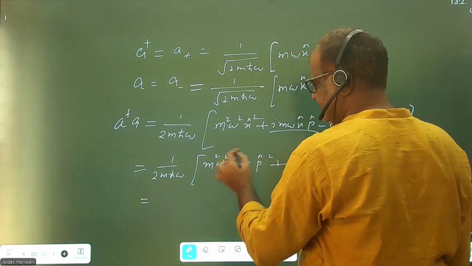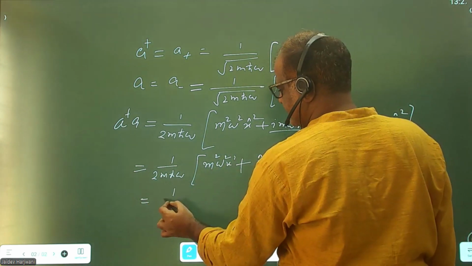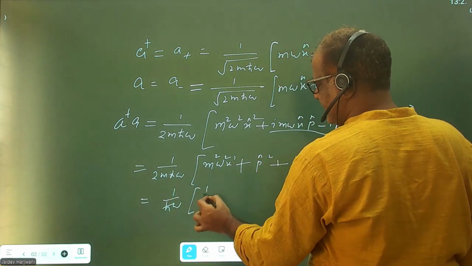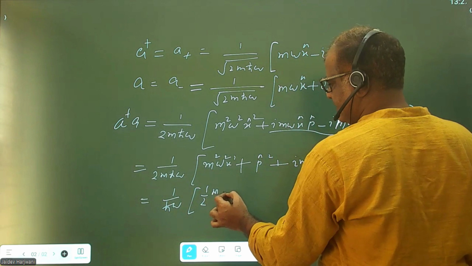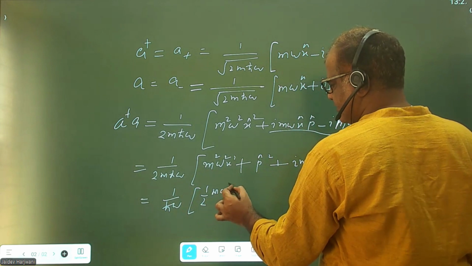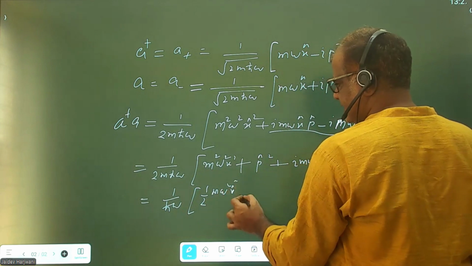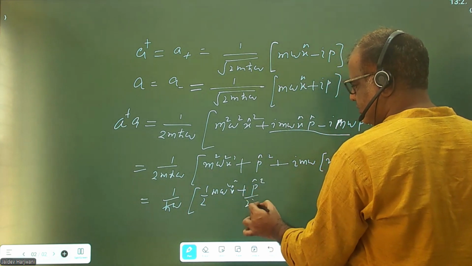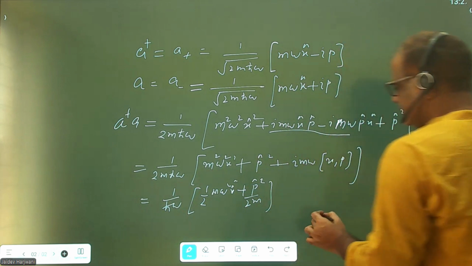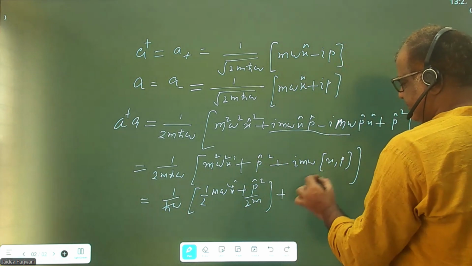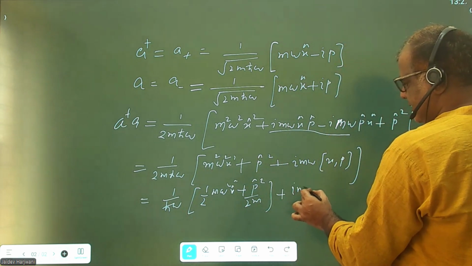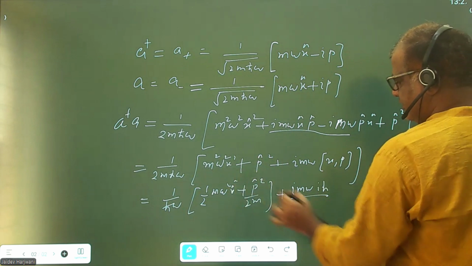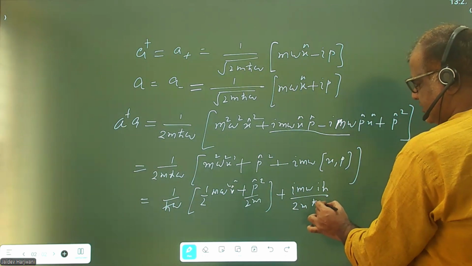Now I can solve this one. I can send 1 by h cut here. This will give me half m omega square x cap square plus p square upon 2m, and similarly this becomes iota m omega times iota h cut upon 2m h cut omega.